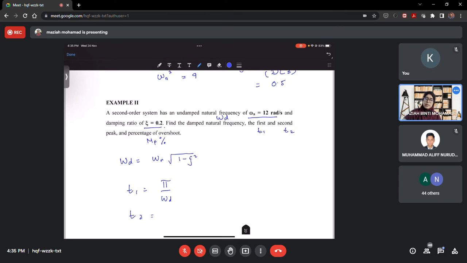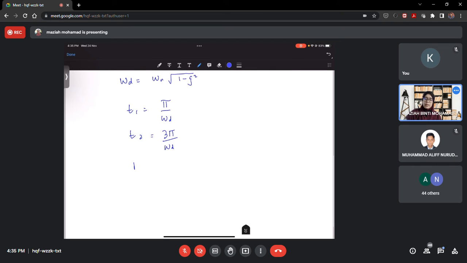T2 is 3 pi over omega d. And then MP is equal to exponent negative zeta pi divided by square root of 1 minus zeta square, multiplied by 100.